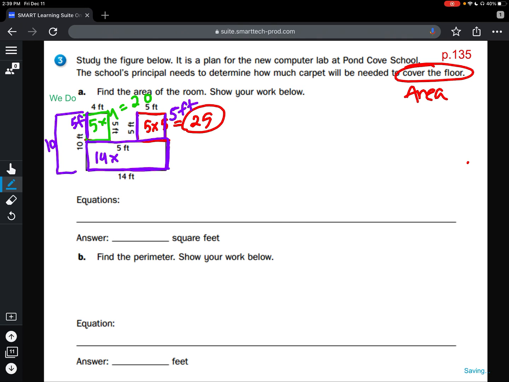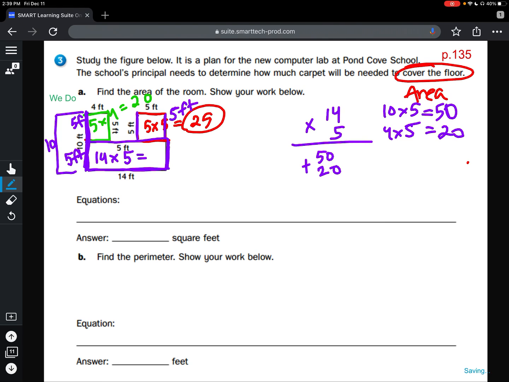So if my whole line is 10 feet and one chunk of it is 5 feet, the other chunk must also be 5 feet. So 14 times 5, I'm going to have to do partial products to figure that one out. I know I have 10 times 5 and 4 times 5. So my answer here is 70.